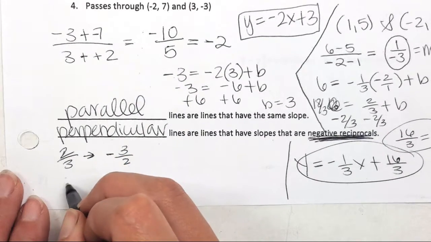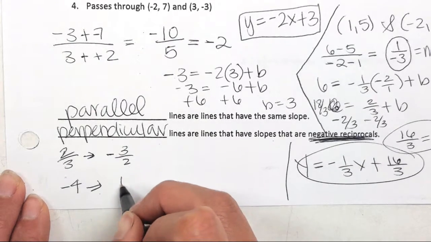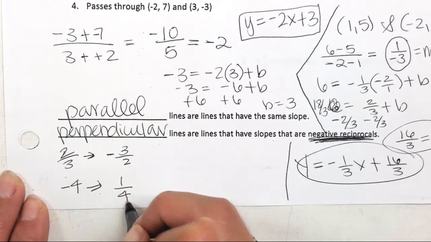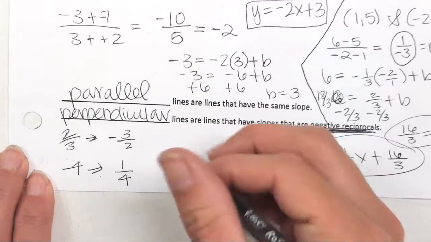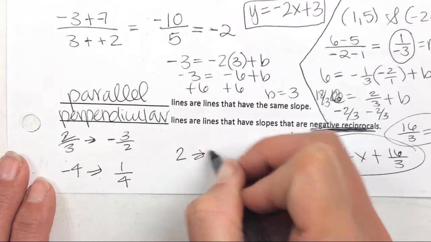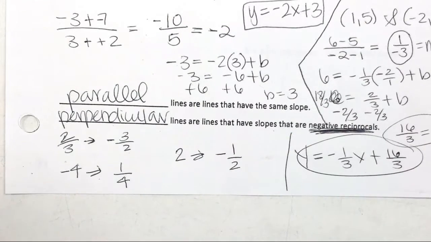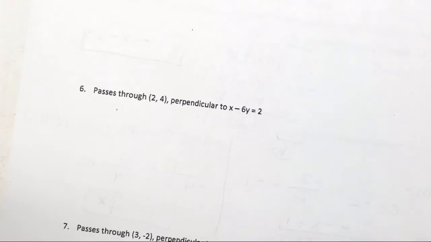What's the negative reciprocal of negative 4? 1 over 4. Very good. What is the negative reciprocal of 2? Negative 1 over 2. Good. Everybody understand what negative reciprocal is? You just flip it and make it negative, or if it's negative, you make it positive. We're going to use that to help us with these.